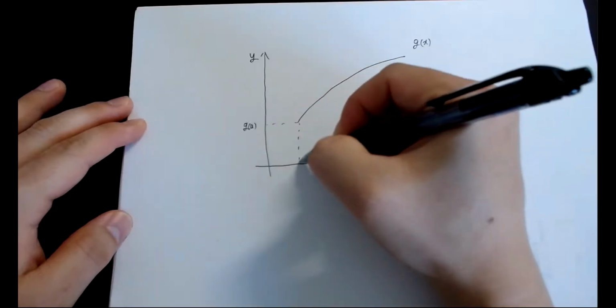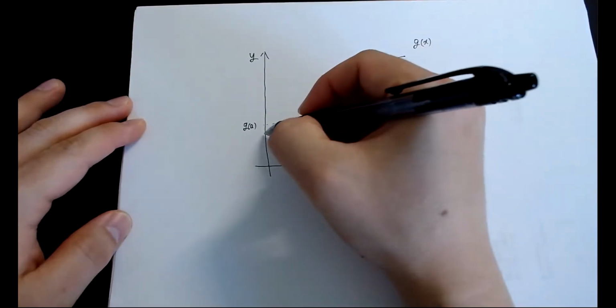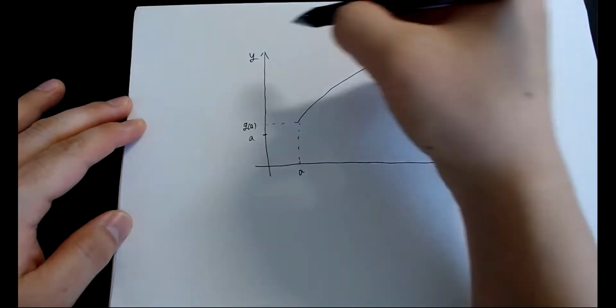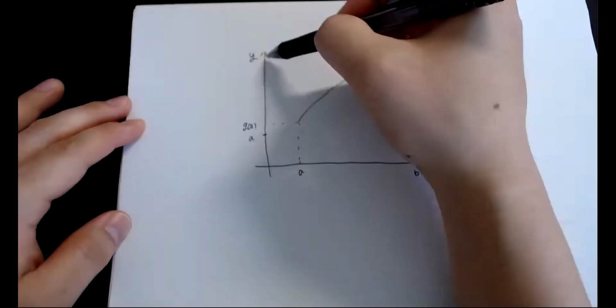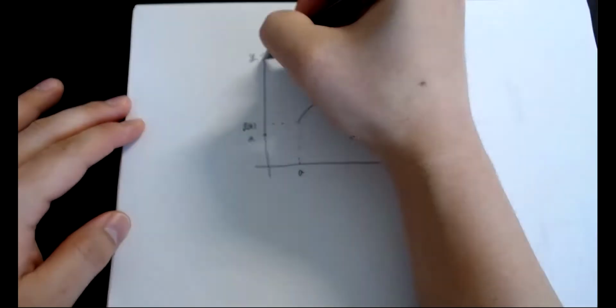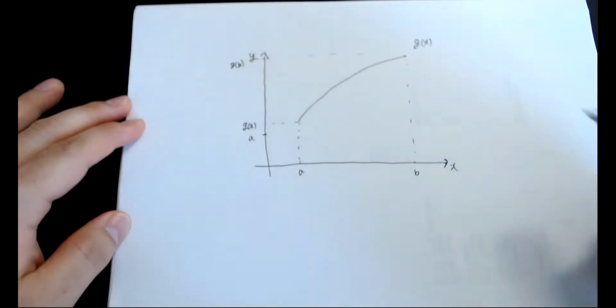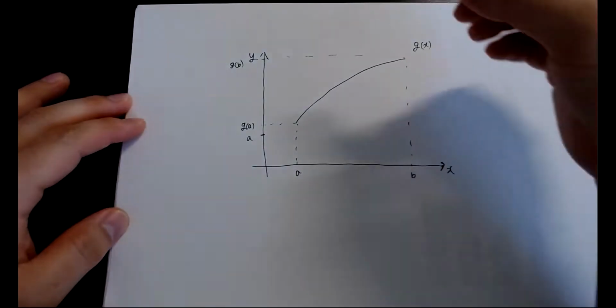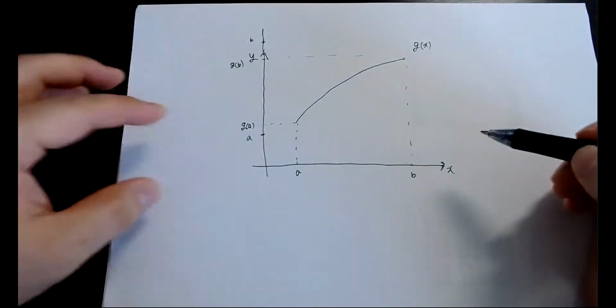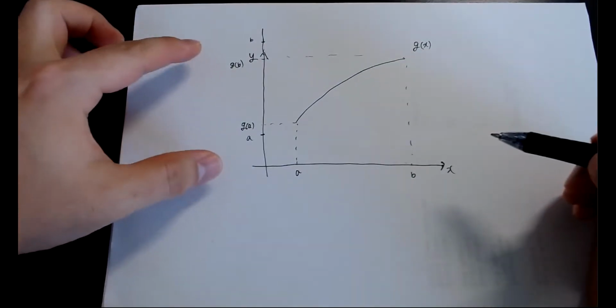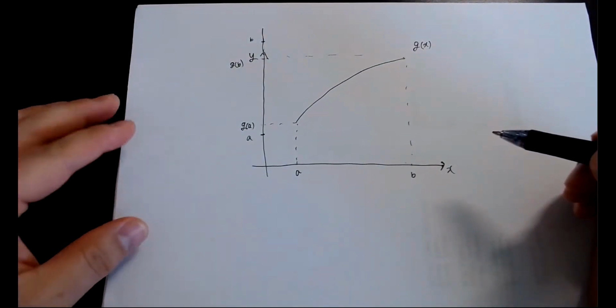And this is b, and here is g of b. So g of a through g of b belong to the closed interval [a, b].